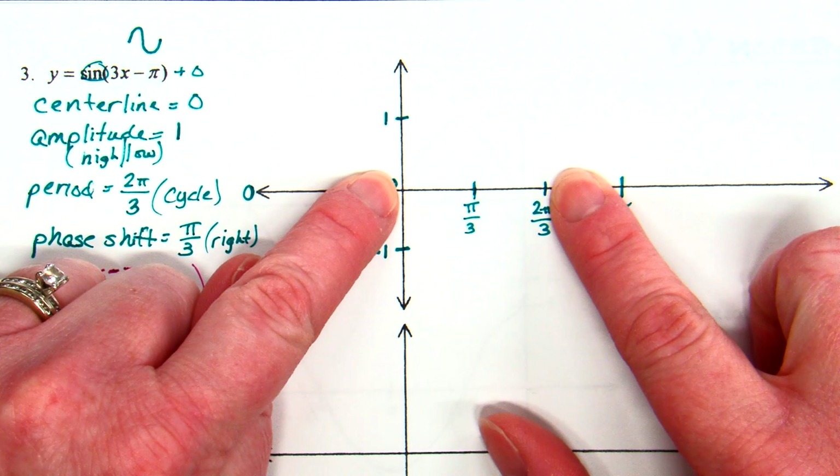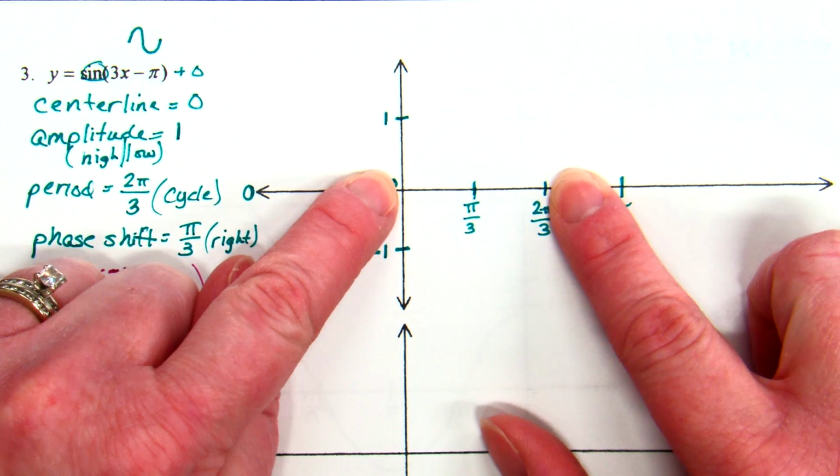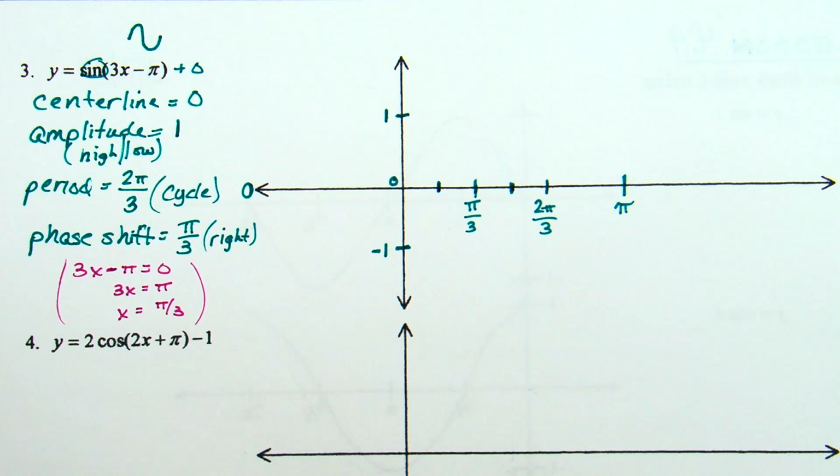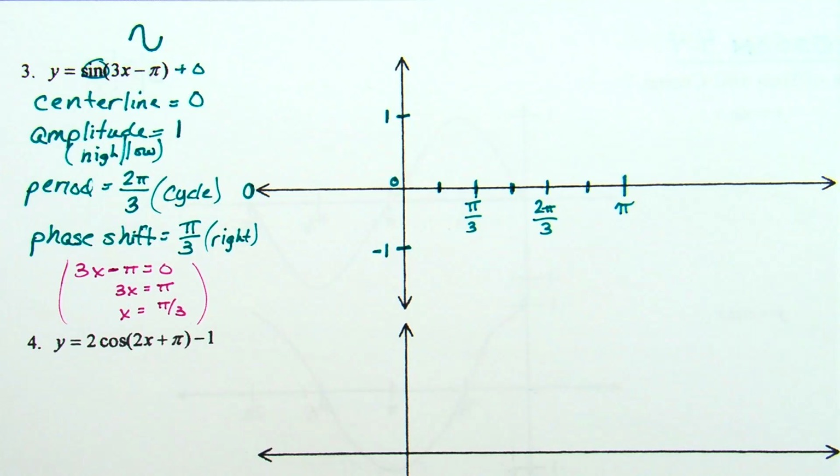So I would encourage you to now split those 2 pieces into halves. I will often let you get away with just putting the marks in between them and not necessarily labeling them once we get smaller. If I put marks in between those 2, what else should I do over here? You should have a halfway mark.